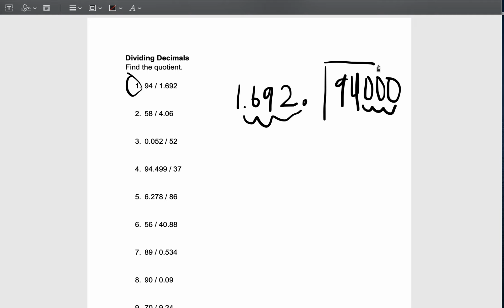This is just a rule that you have to do. Sorry, this is so bad, but I'll try my best. So we're going to see now how many times 1,692 goes into 94,000. 1,692 cannot go into 9 or 94 or 940. So it's going to have to first count 9,400.